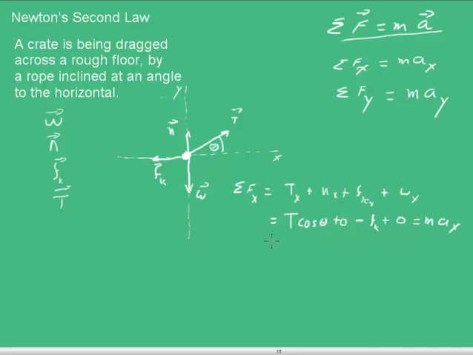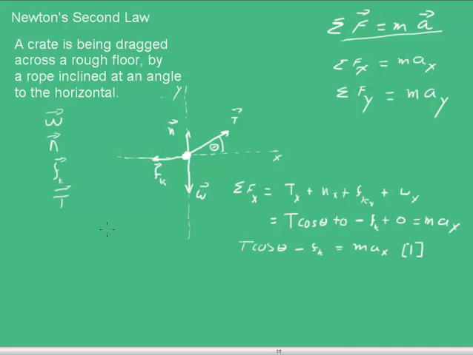So we could rewrite this by simply saying that T cosine theta minus Fk equals max. And so this gives us one equation. We could label it equation 1. I like to label it with these little square brackets, so I can refer to this equation by simply saying equation 1.